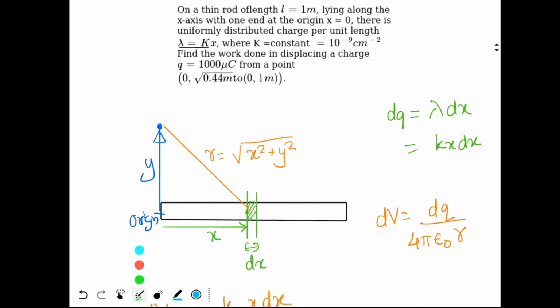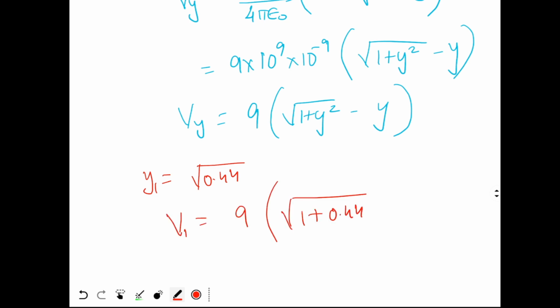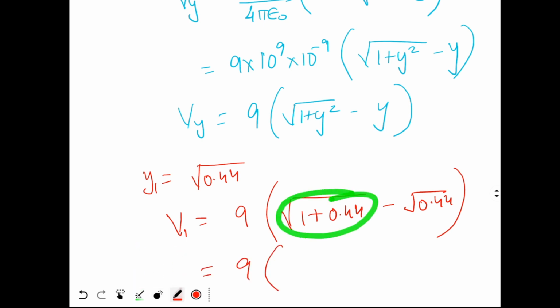For y1 equal to root of 0.44, V1 will be 9 times root of 1 plus 0.44 minus root of 0.44. So this will be equal to 9 times root of 1.44, which is 1.2, minus root 0.44.